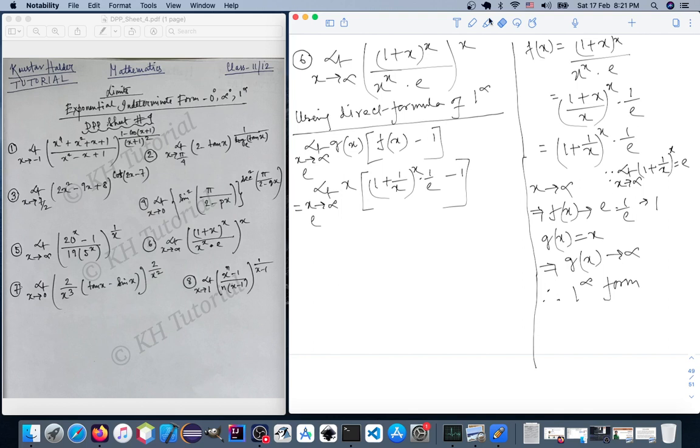If I take the e common, just try to simplify it. If I take the e common, I get x by e and (1 plus 1 by x) to the power x minus e.